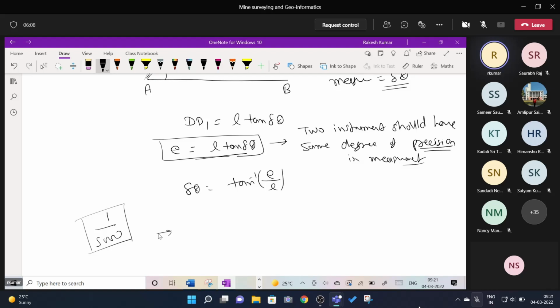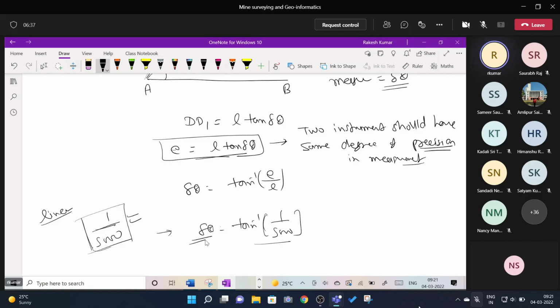What should you do? You should calculate delta theta as tan inverse 1 upon 5000. What is the meaning of 1 upon 5000? It means if I am measuring 5000 meters, there can be an error of 1 meter.